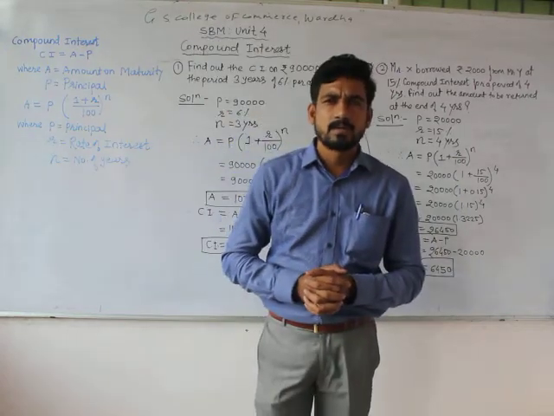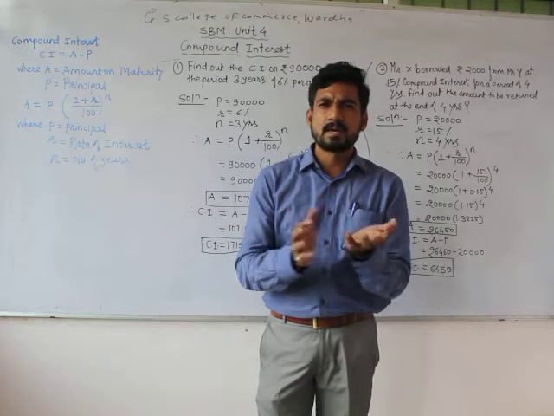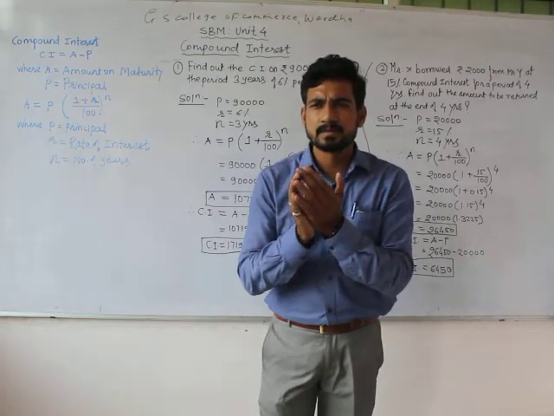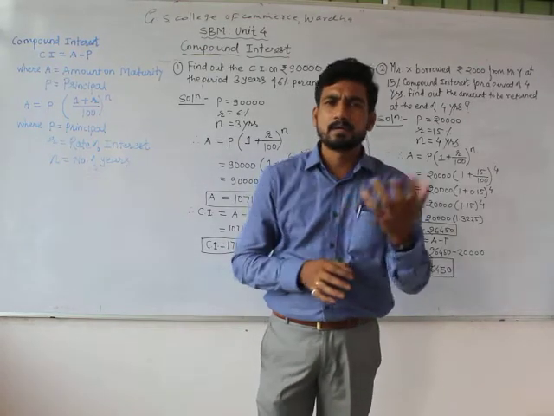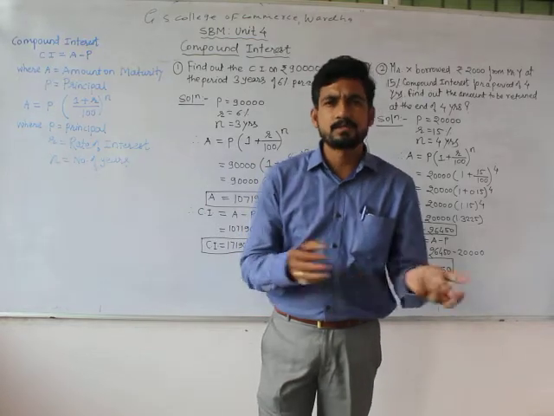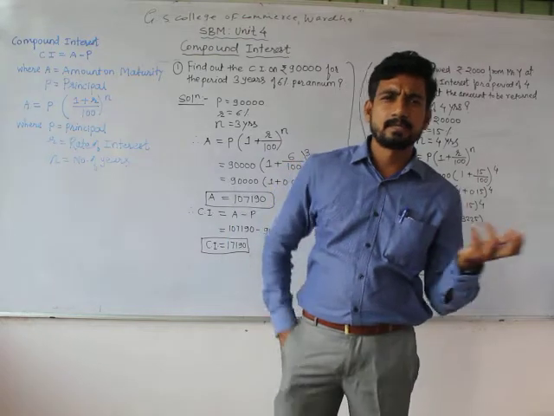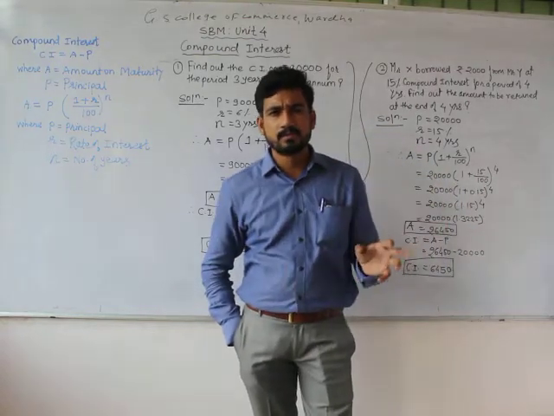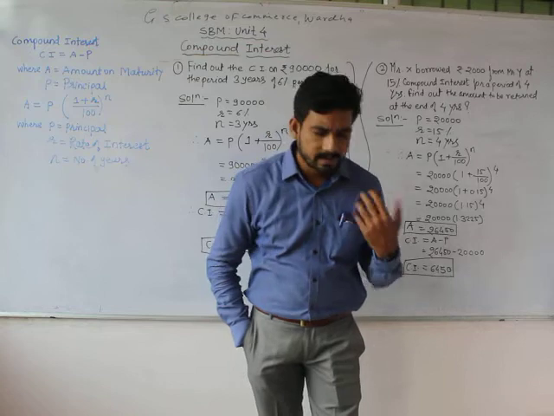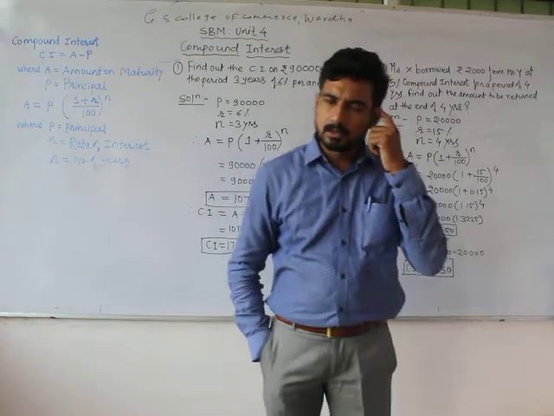We will have the simple interest, and we can calculate how much interest that person has to give to the other party, adding the principal amount to it. That was the part of simple interest that we studied in the last lecture. You can go to that video lecture and see how I explained that part.